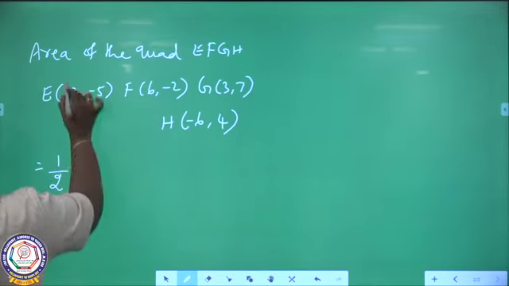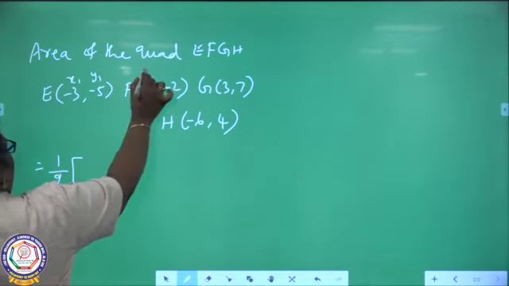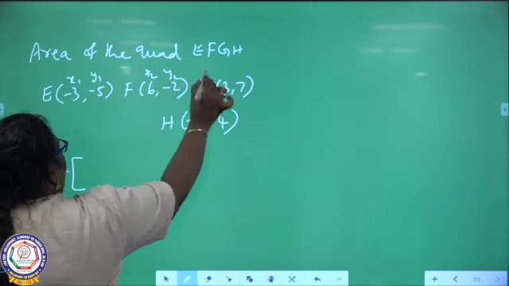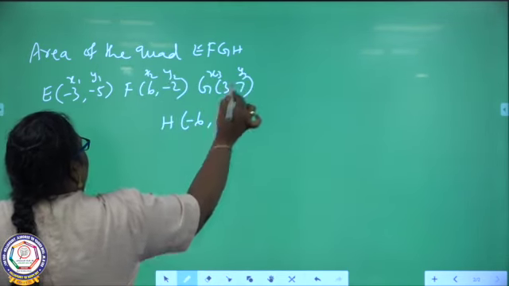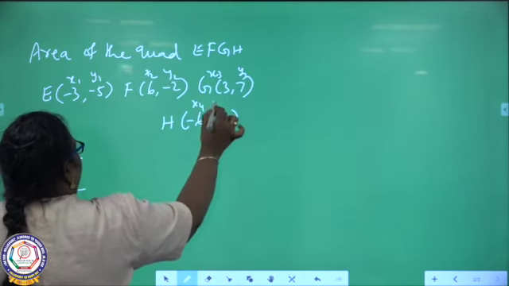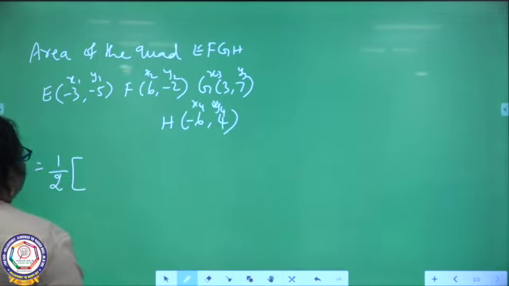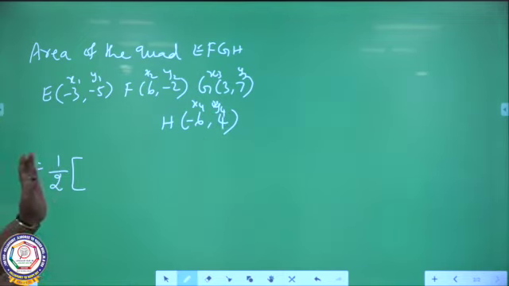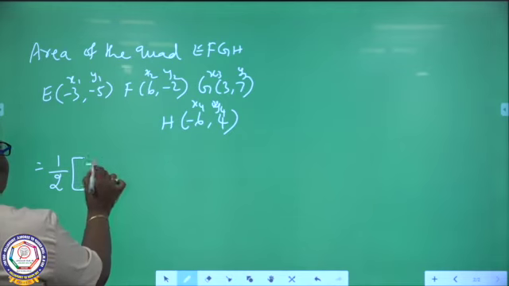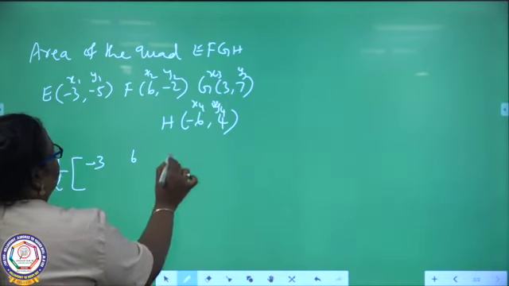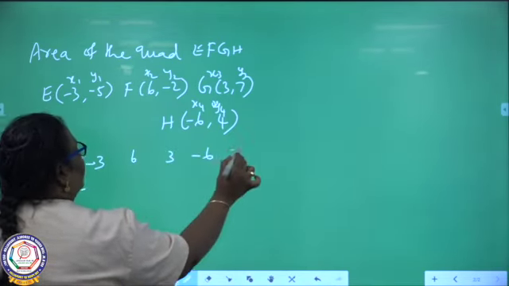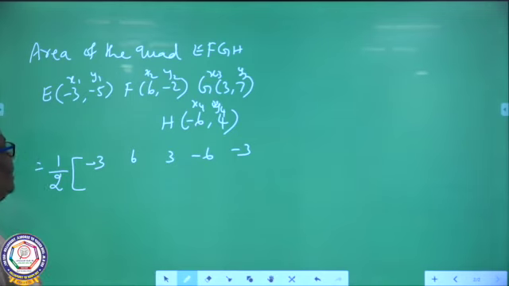1 by 2 into x1 y1, x2 y2, x3 y3, x4 y4. So 1 by 2 into, first you write down the x coordinates: minus 3, 6, 3, minus 6 and end up with minus 3.